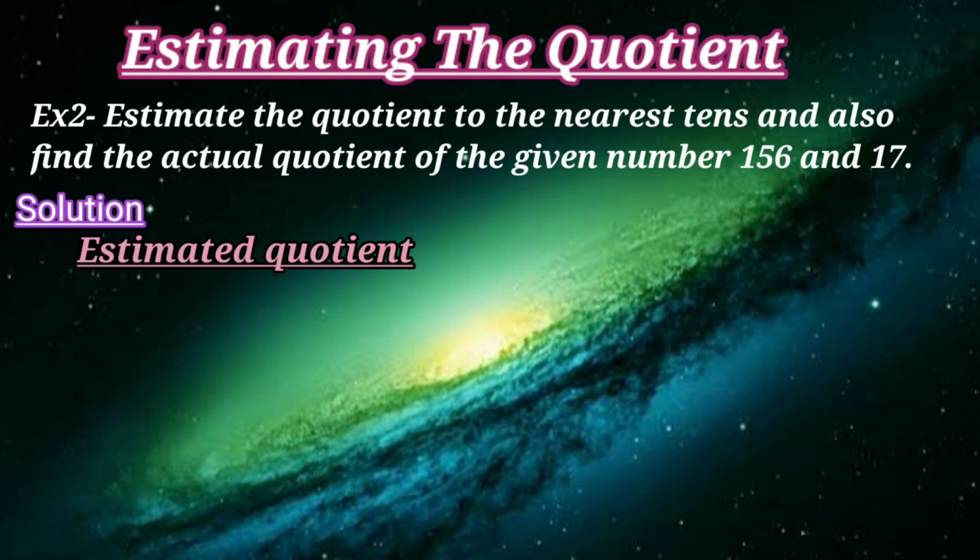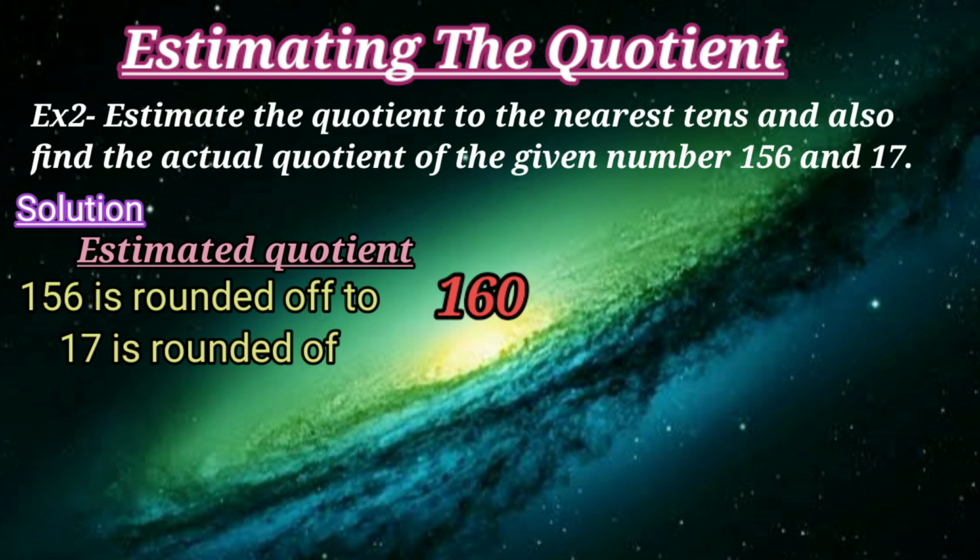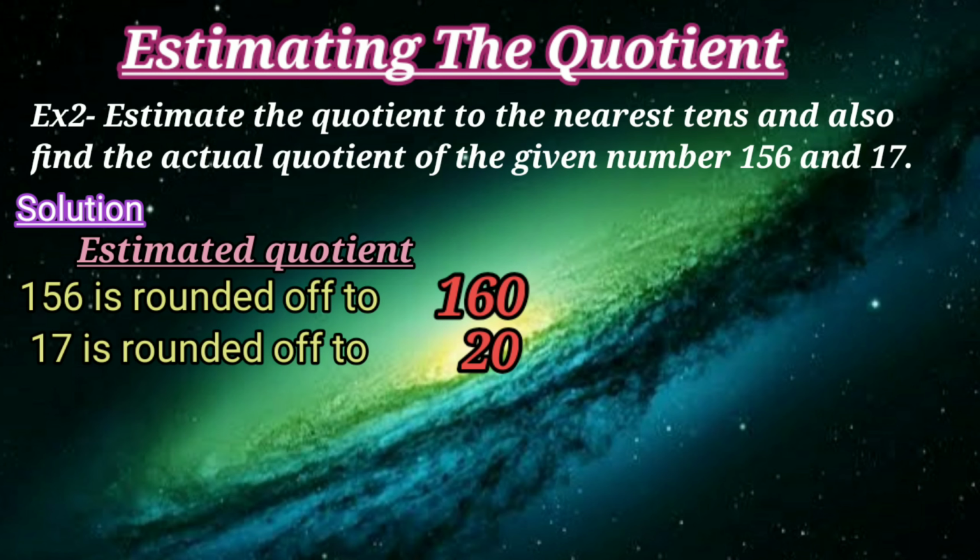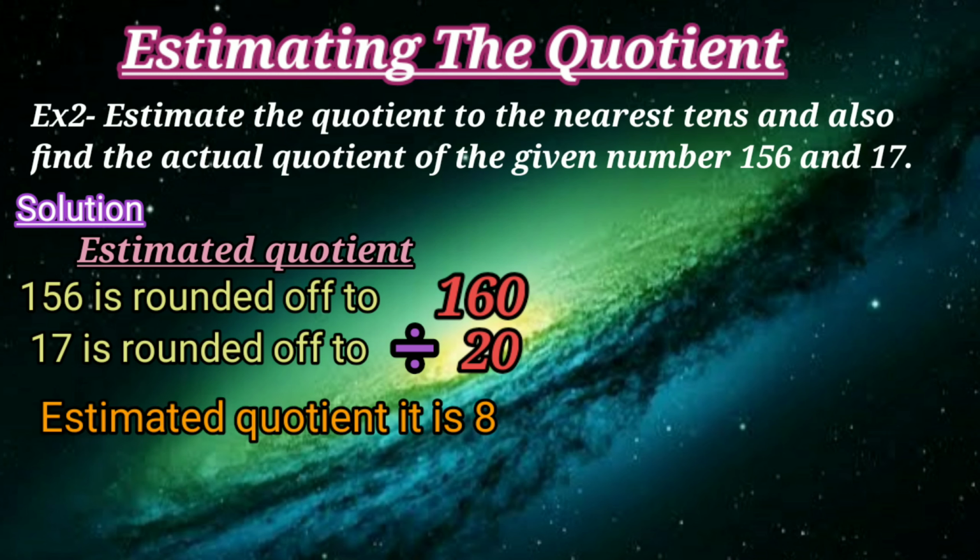Here, to estimate the quotient, firstly we round off both numbers to the nearest tens. 156 is rounded off to 160 and 17 is rounded off to 20. Next, divide the numbers obtained. Thus, the estimated quotient is equal to 160 divided by 20, which is equal to 8.